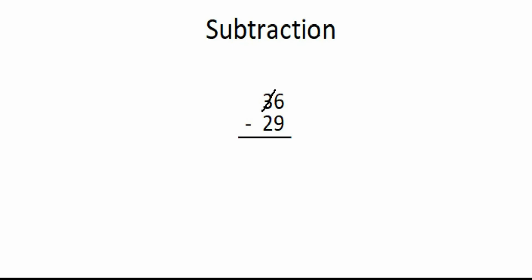We're going to cross out 3, and 3 becomes 2 because we borrowed 1 from 3. And the 1 we borrowed goes here over the 6. And 6 is now 16. And we can subtract. 16 minus 9 is 7.